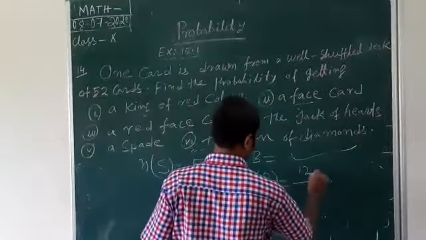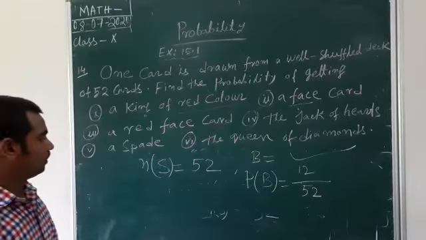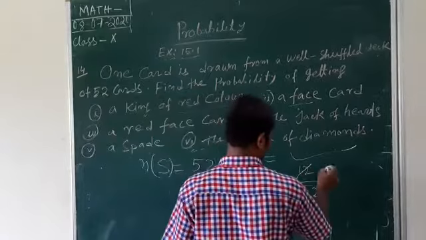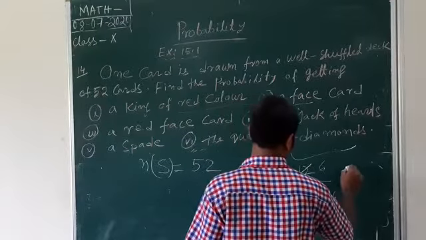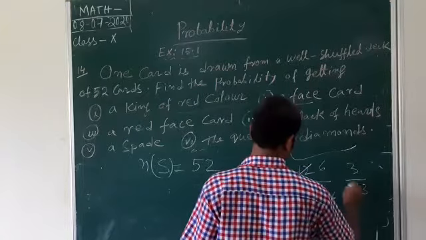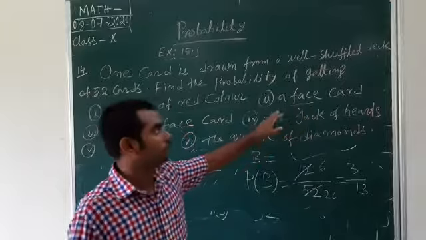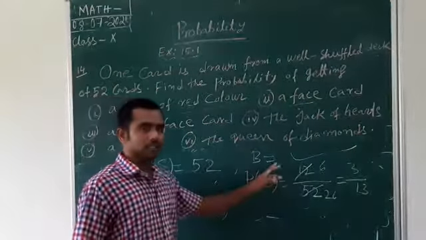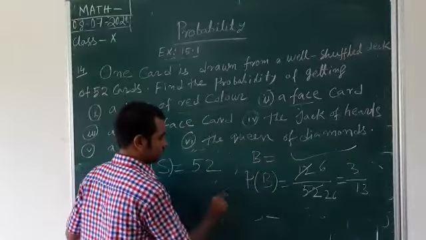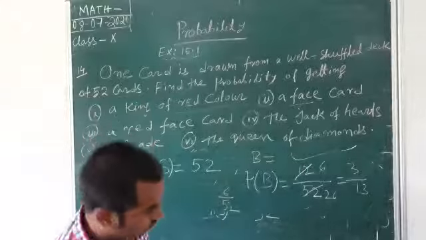So 12 by 52, which is 3 by 13. If the question is face card of black color, then the face cards of black color are 6, so 6 by 52. It depends on the question. Clear?